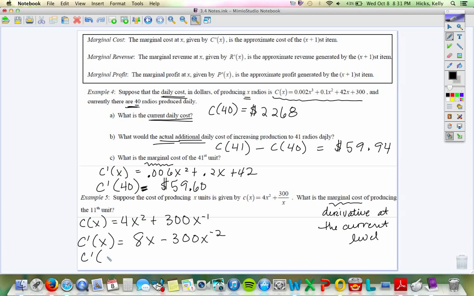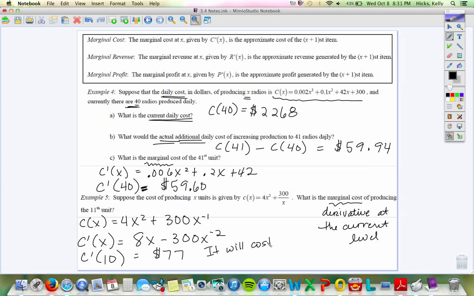Now when we plug in the original value, what was the original value? It was 10, because this time we're producing 11, so your original value is always 1 less than that. Plug in 10, and you end up with $77.